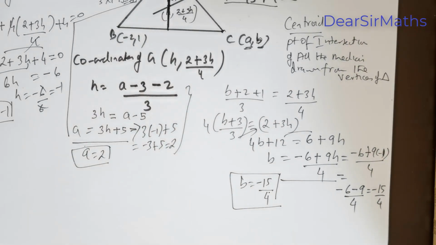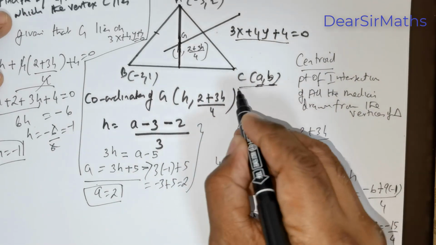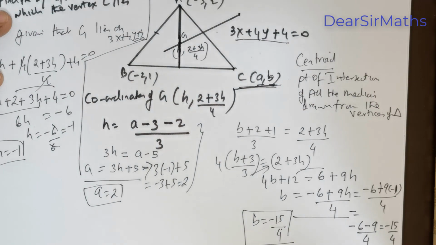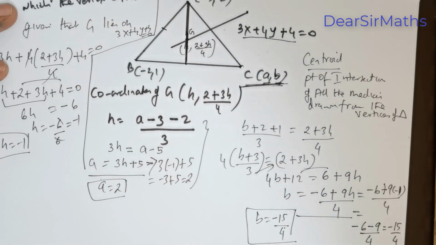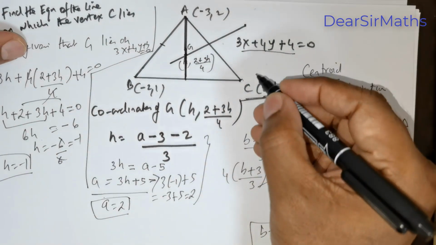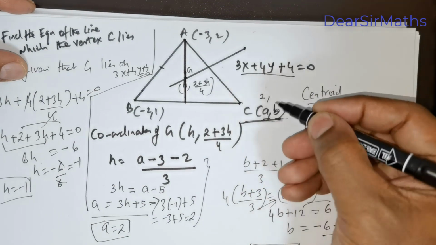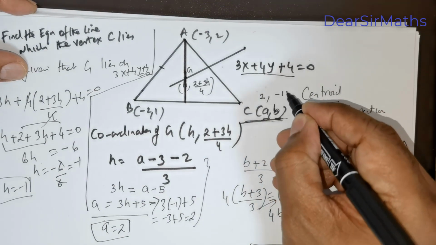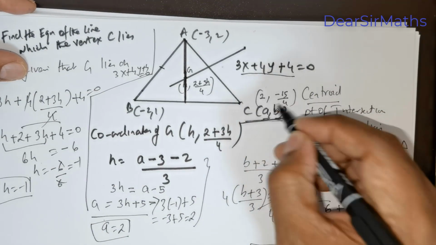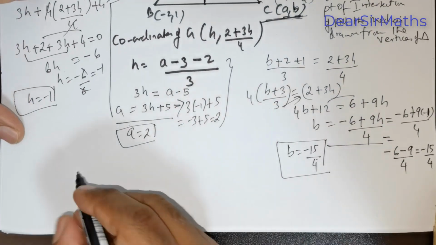So now what we need to do is find the equation of the line on which the vertex C is resting. Okay, so that's our next part. First, I would like to calculate the slope. This point is (2, -15/4).